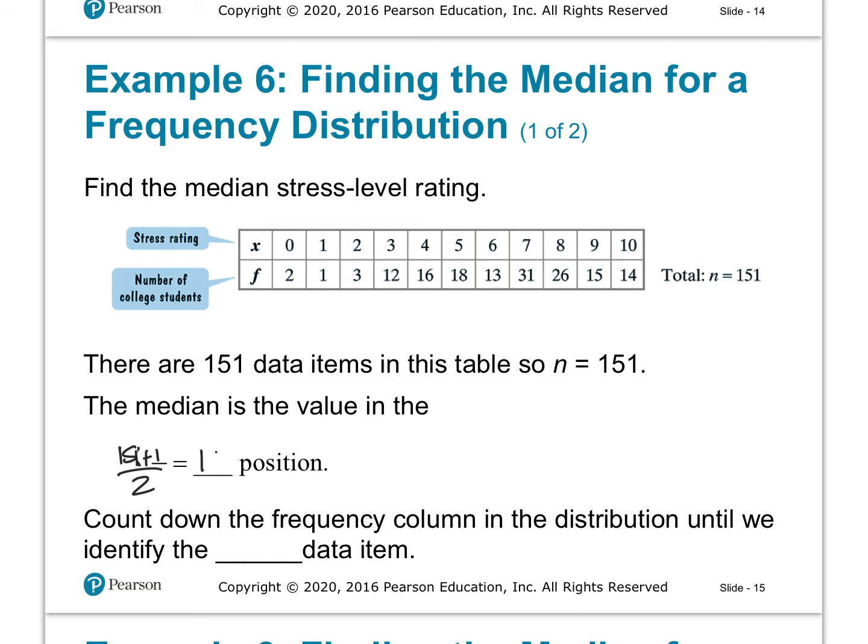So it'd be your 152 over 2, which is your 76th position. So you would count down until you get to your 76.